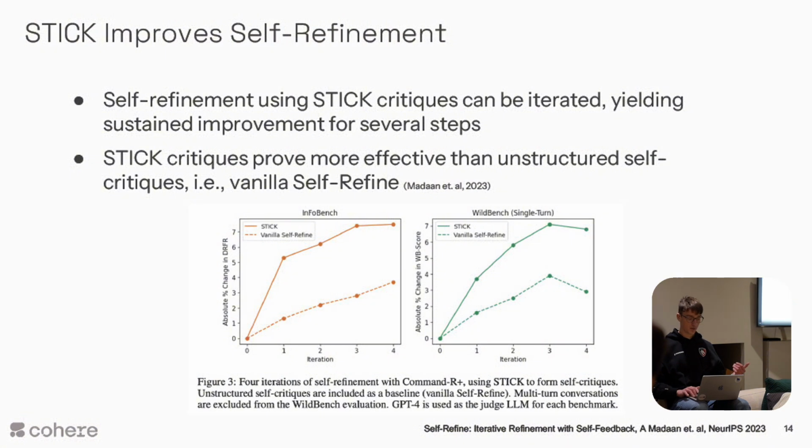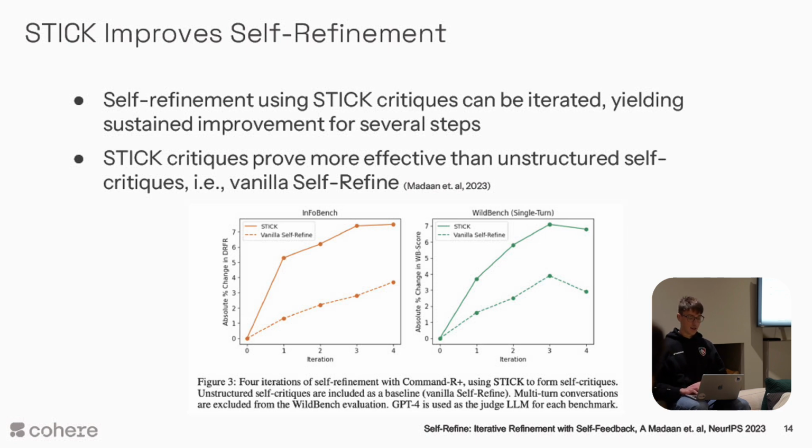In these general instruction-following settings, so not maths problems where it's not really self-correction, but more of just, you want to improve your response in a more subjective way, Self-Refine still actually does give you positive improvement, not as high as they indicate in that original paper, but we're back in the regime of being able to improve. But STICK gives you much sharper improvement. So we see up to like 7%, basically in both benchmarks.